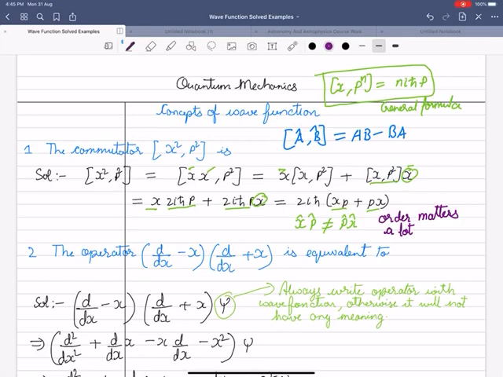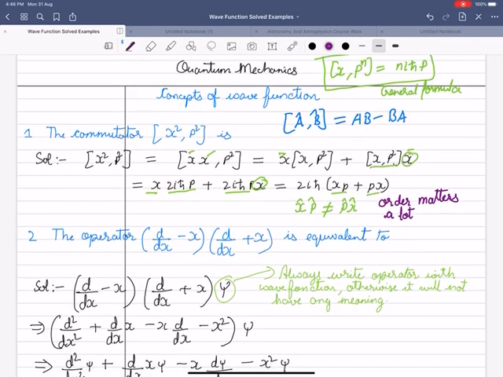So you can solve it and you will get the final answer, 2 i h cut (xp plus px).